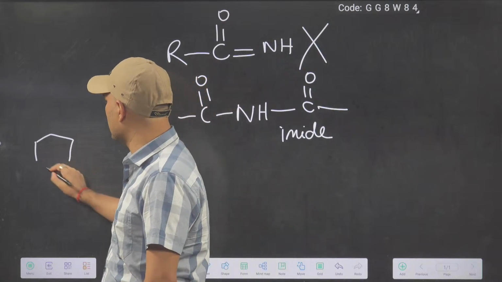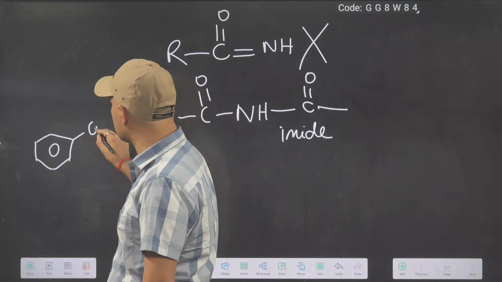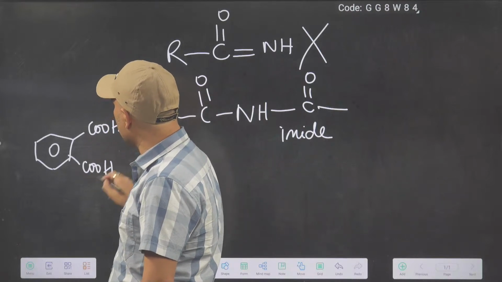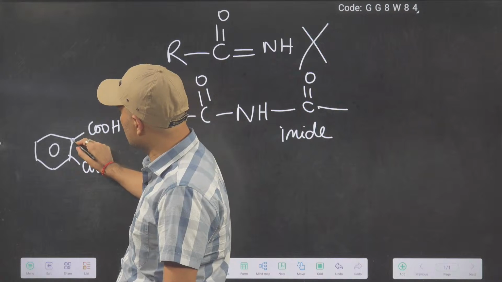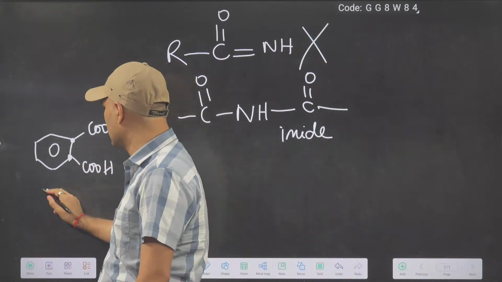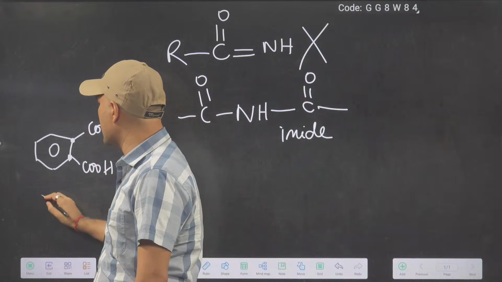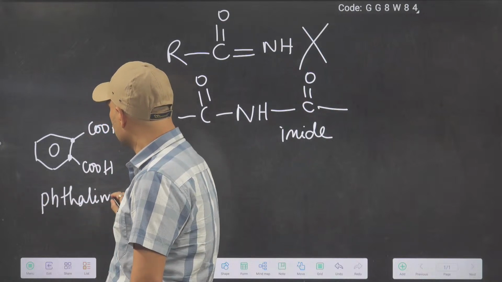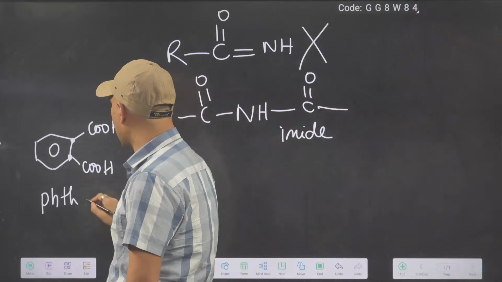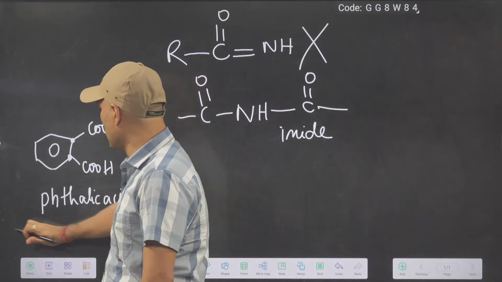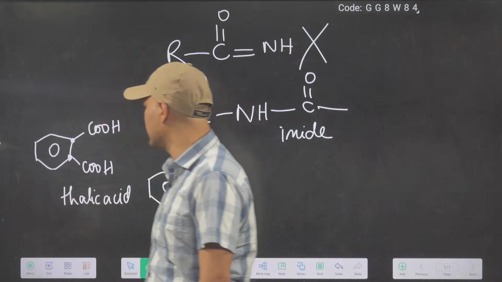Before going to that compound, I will write one acid. See, there is one carboxylic acid like this, ortho position carboxylic acid. This is dicarboxylic acid.